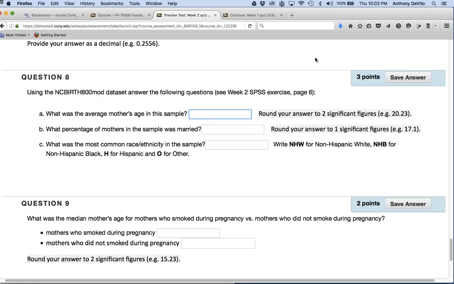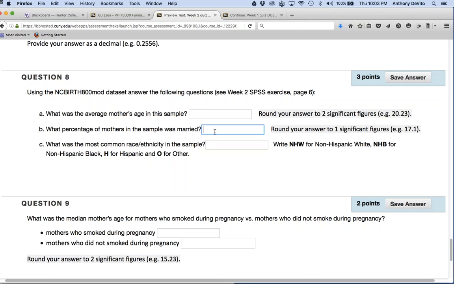Make sure in Options that the average is checked off as what you want to calculate. Then we would choose the variable M age, mother's age, and move that from the list of variables into the box for the variables you want to work with. Say OK, and you would get a box that gives you a variety of statistics, including the one you need here, which is the average.